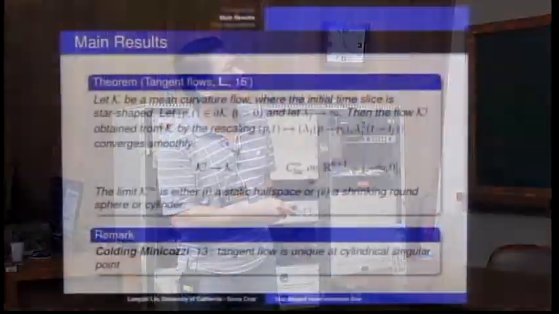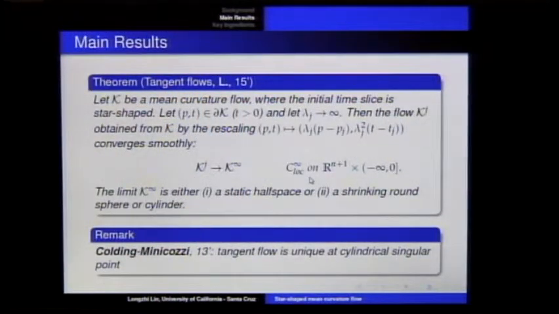And as I mentioned before, recently Colding-Minicozzi proved that the tangent flow has to be unique at cylindrical singularities. So in the case of star-shaped mean curvature flow, you can see that all the tangent flows are unique, right? Because once you have the classification of the singularities for the star-shaped mean curvature flow, combined with the Colding-Minicozzi result, you see that the tangent flows are all unique.